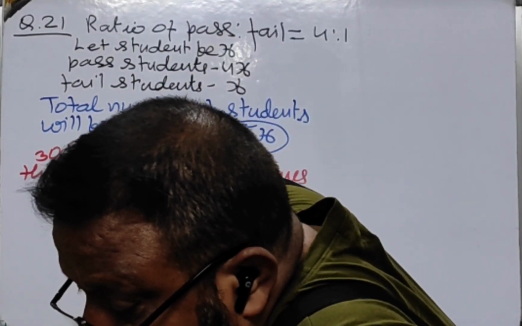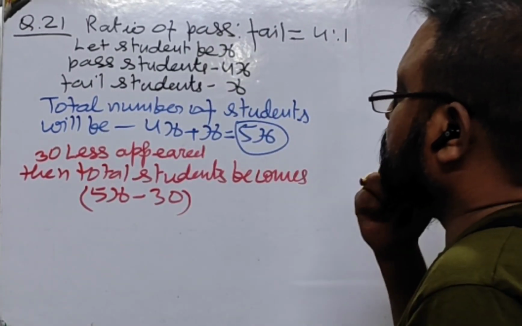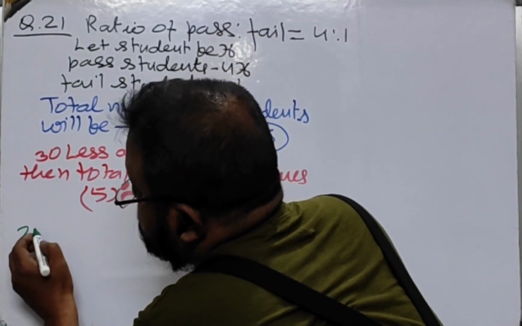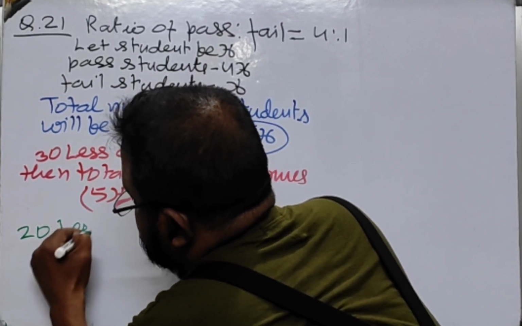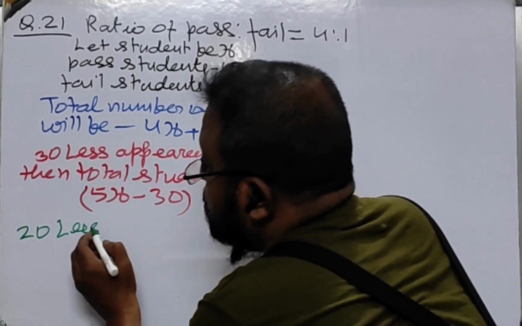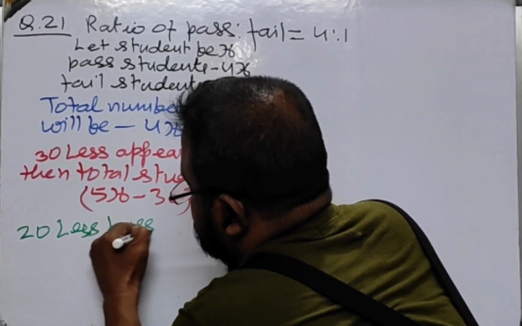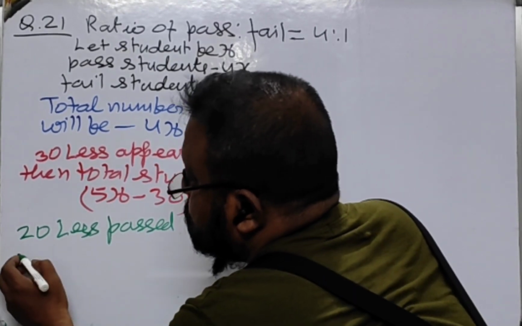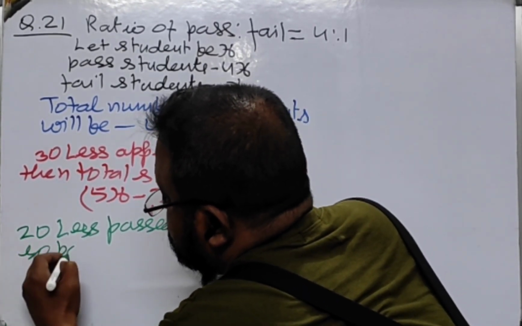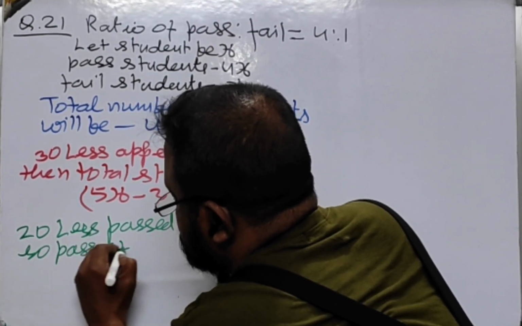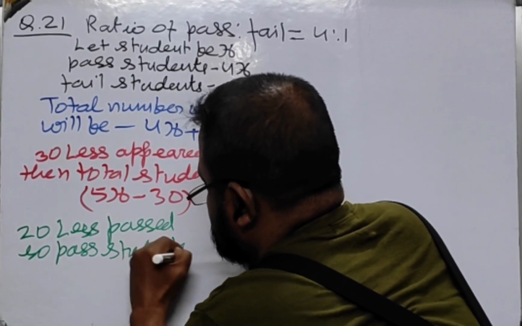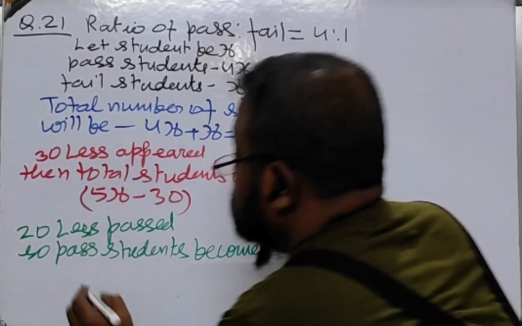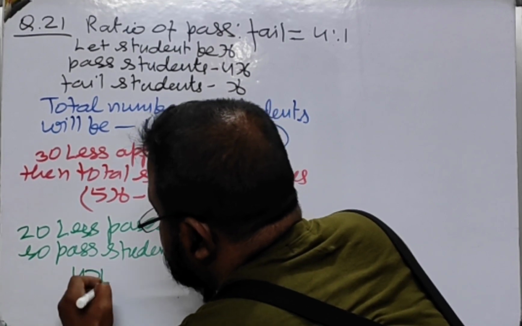And 20 less passed. It means pass students becomes 4x minus 20.